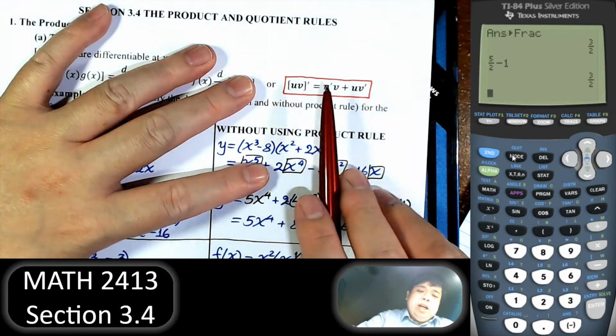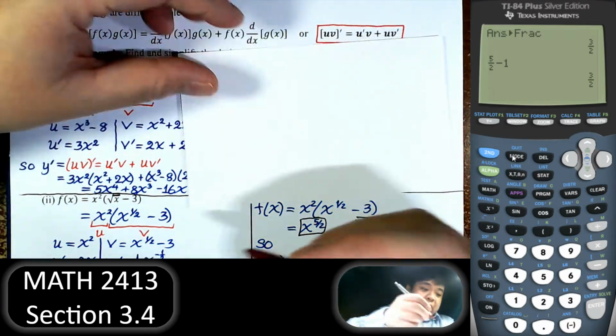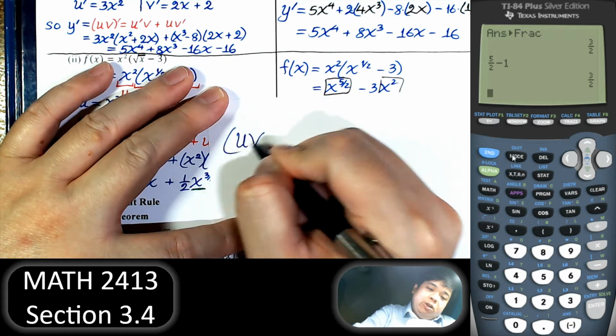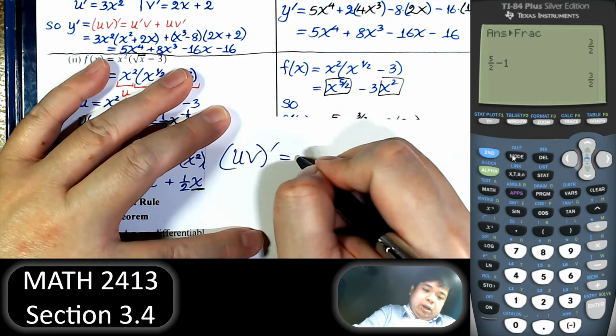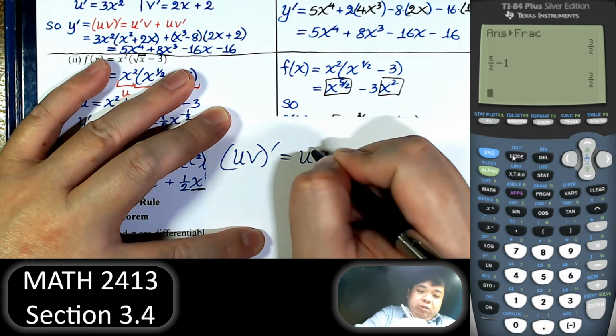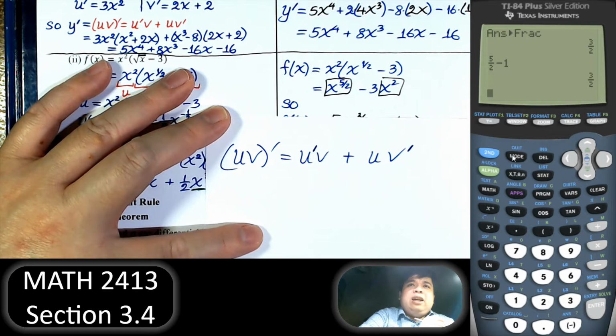The way I would memorize this when I took calculus 1 is this. Say we have two terms. I'm going to write the product two times, and the derivative will go from the first to the second. How is that easy to remember?